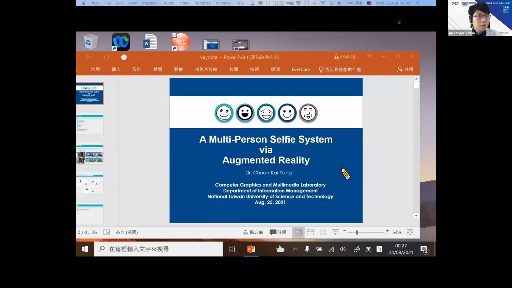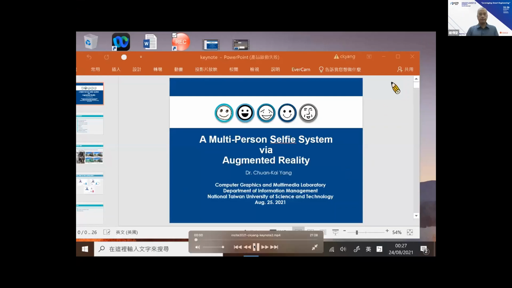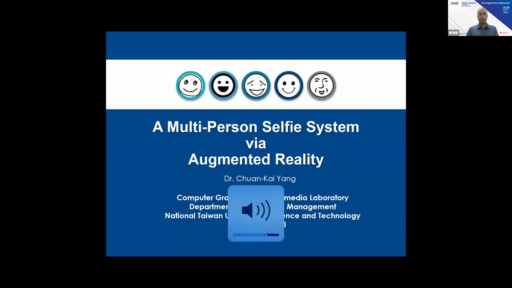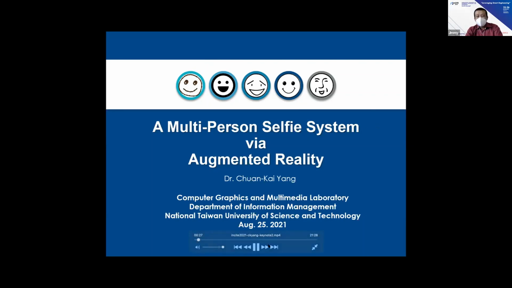Can everyone see my screen? Yeah, I can see it. Okay, so let me start. Have you shared the audio? You need to share the audio when you share your screen. We cannot hear the sound.